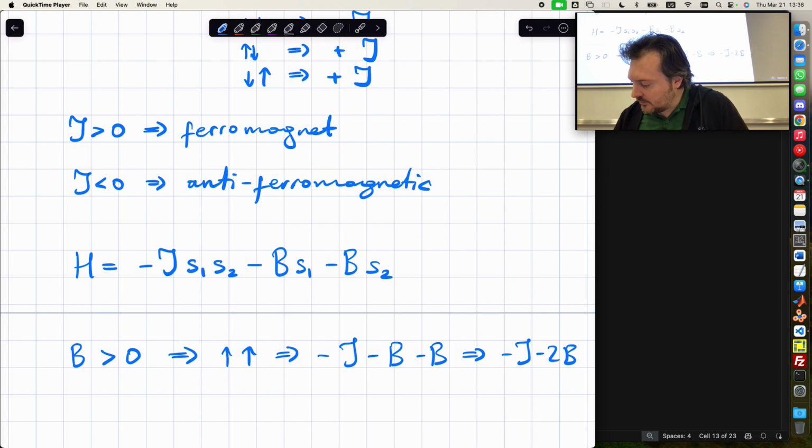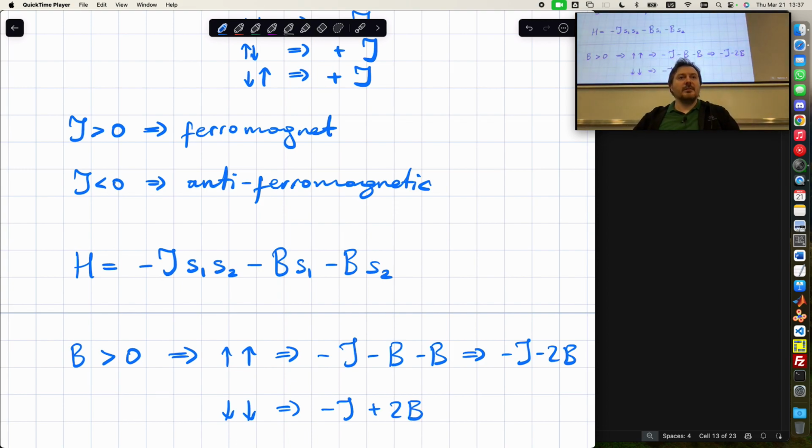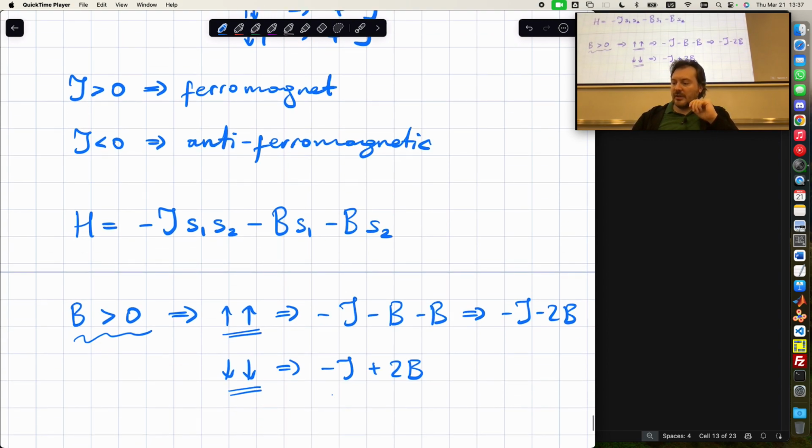So down, minus J plus 2B. Which one is lower in energy? If B is positive, is this one more favorable or this one more favorable? The down one is minus J plus 2B.